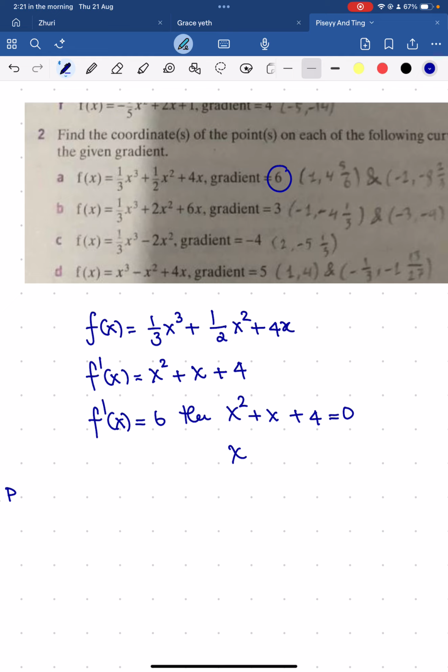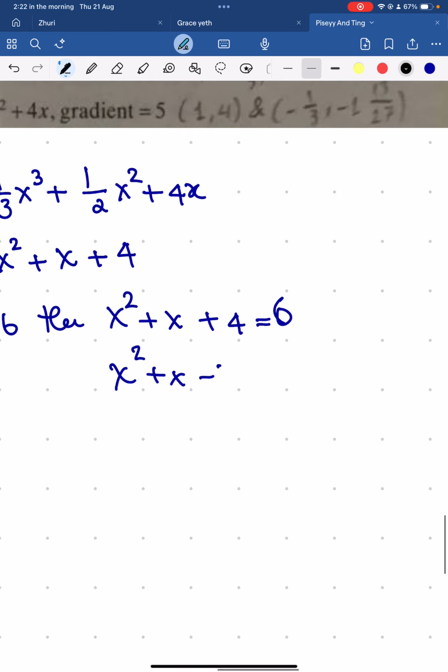So then x squared plus x minus 2 equal to 0, because 4 minus 6, we move it to this side. Then you're gonna get x equal to 1 or x equal to -2.